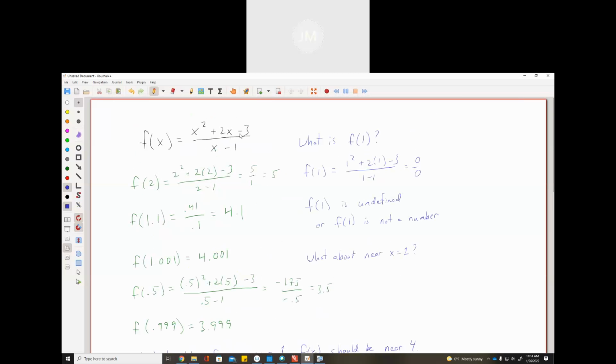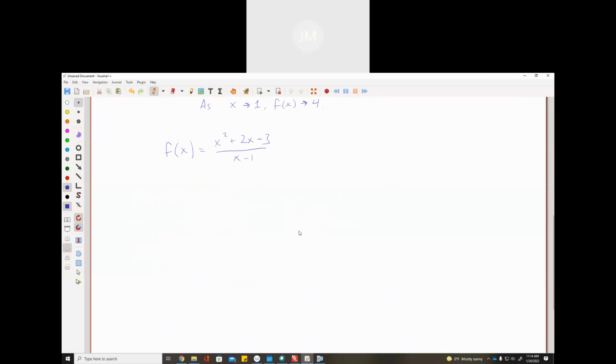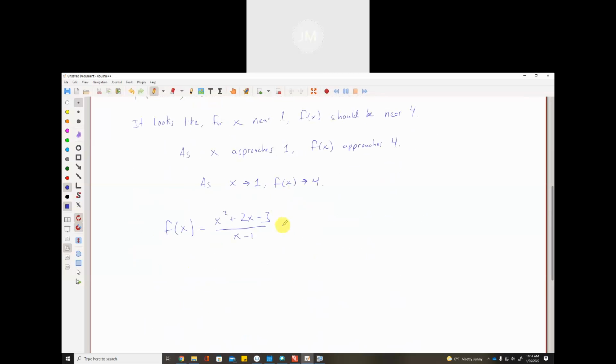So my function x squared plus 2x minus 3 over x minus 1, I could simplify this a little bit by factoring the numerator. Right? If I factor the numerator, I'm going to get an x plus 3 times x minus 1. Okay. And x minus 1 in the numerator, x minus 1 in the denominator, it feels like I want to cancel those. And we can, as long as x is not equal to 1.